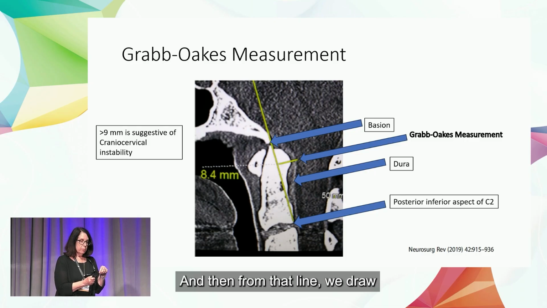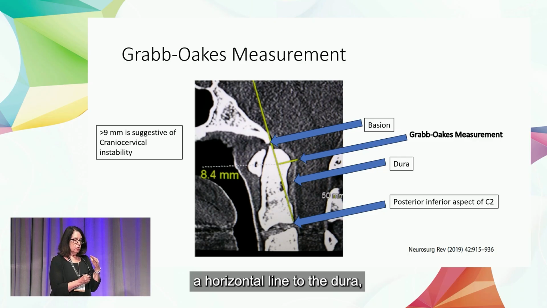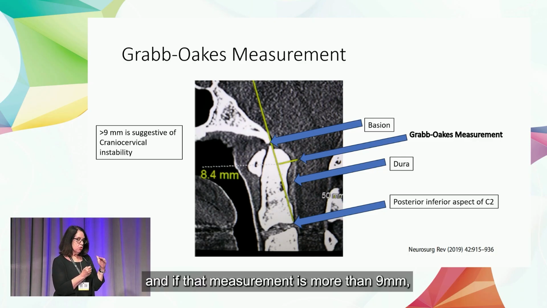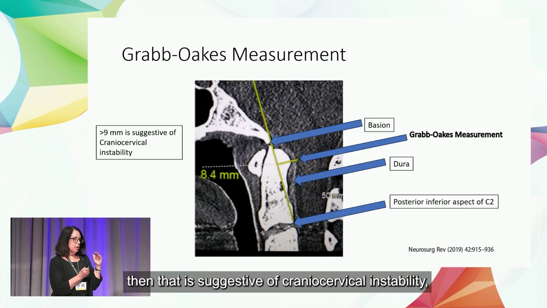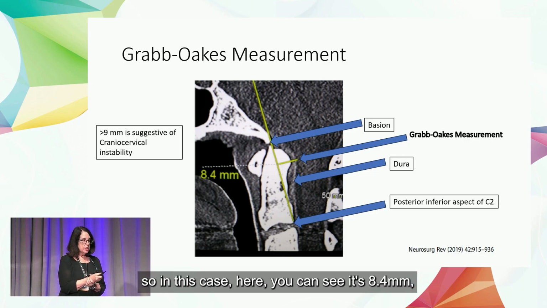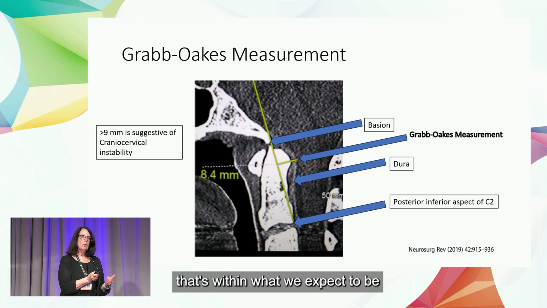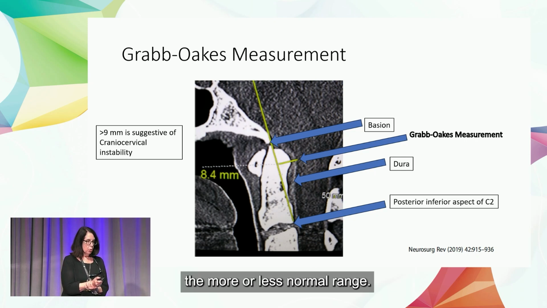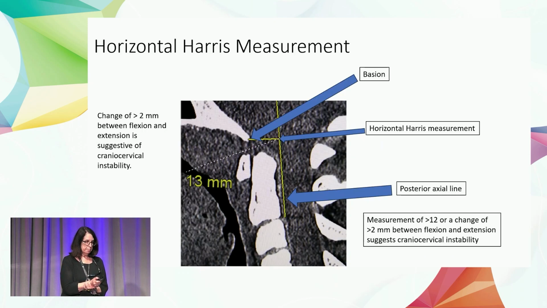And then from that line, we draw a horizontal line to the dura. And if that measurement is more than 9 millimeters, then that is suggestive of craniocervical instability. So in this case here, you can see it's 8.4 millimeters. That's within what we expect to be the more or less normal range.